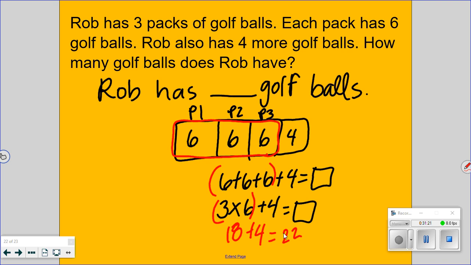You could add them up, and then look for the number that you got on the page. Sure. We know that it's going to be 3 groups of 6 plus another 4. Doesn't make sense that he has 6 golf balls, does it? No. Does it make sense that he only has 4 golf balls? No. He's got 22.